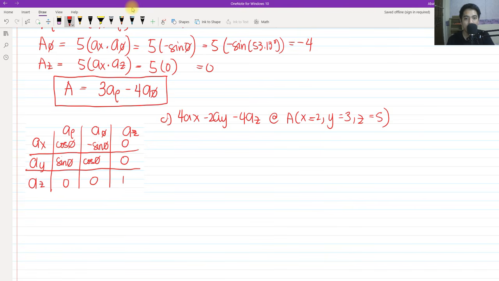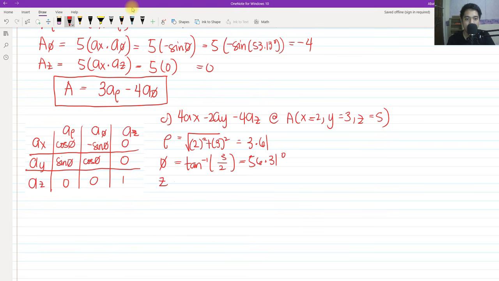The first thing that we're going to do is to convert A into cylindrical coordinates. So rho is the square root of 2 squared plus 3 squared, that is 3.61. For phi, we have the arctan of y all over x, that is 3 halves, so we get 56.31 degrees.